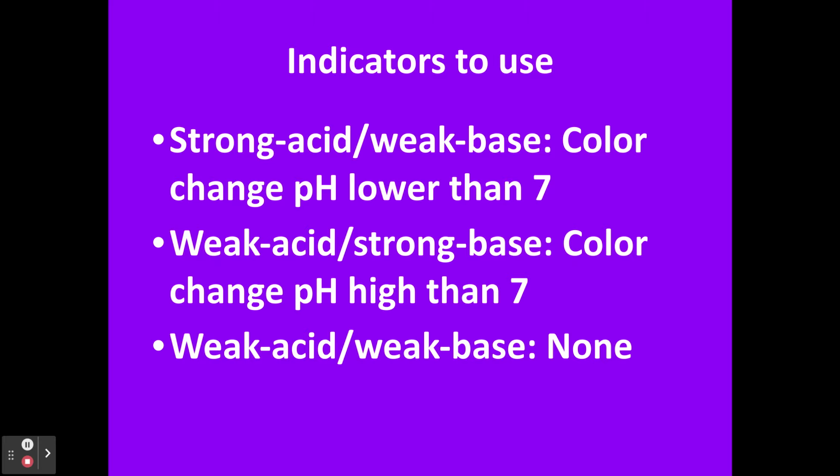Typically, if you're going to be using a strong acid and a weak base, you're going to have an indicator that's going to change color with a pH lower than 7. If you have a weak acid and a strong base, you want your indicator to change at a pH higher than 7. And if you have weak acids and weak bases, this will not work.